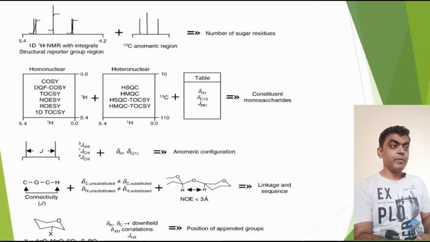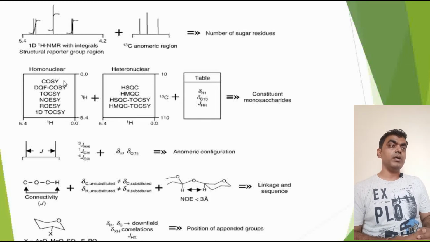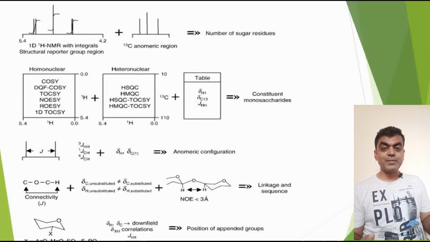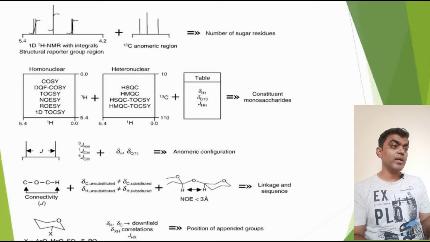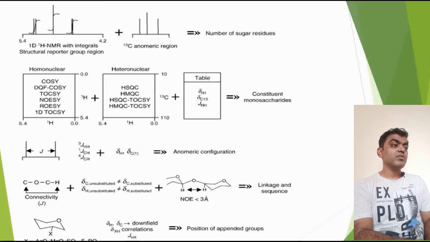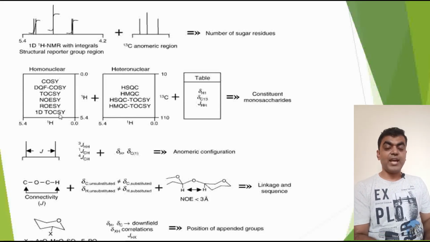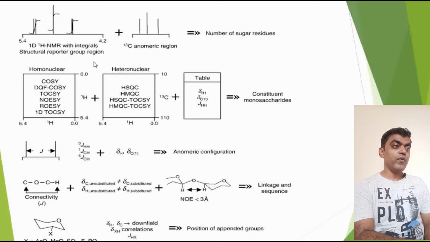In homonuclear experiments, apart from the 1D experiment, there is the 2D experiment. You can do correlation, you can do total correlation, you can do Overhauser effect. So 1D and 2D TOCSY can be done, and these are all for the proton.